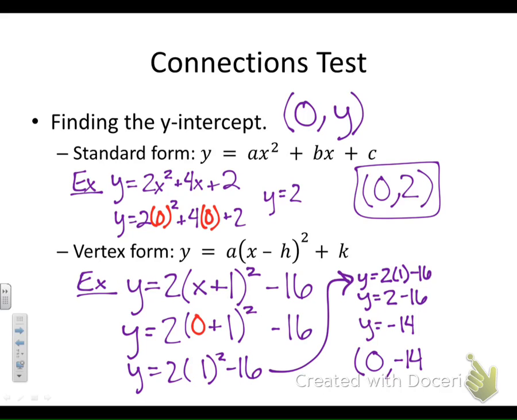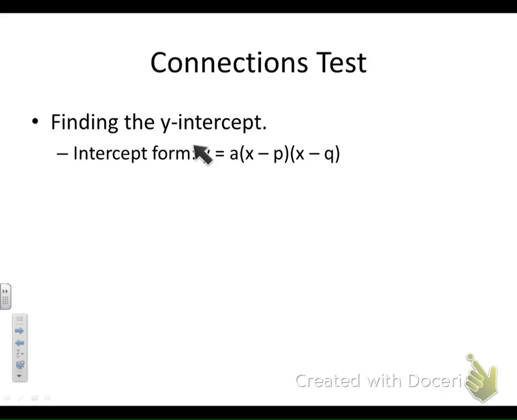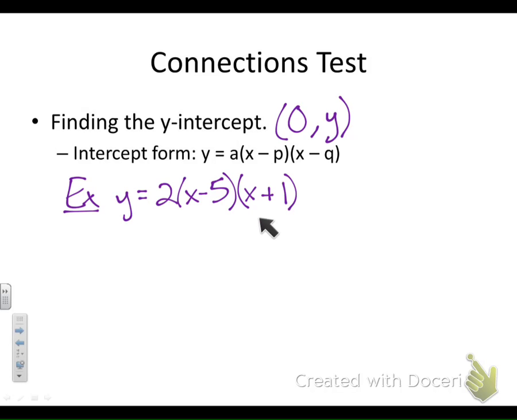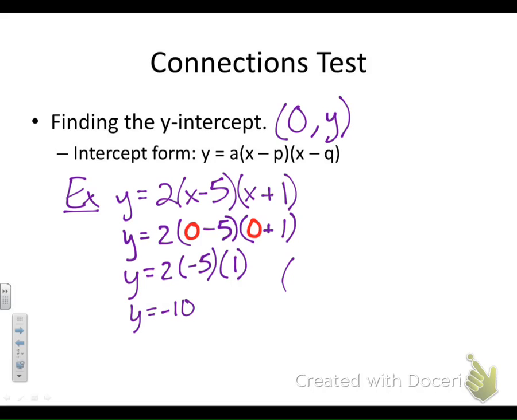It's 0, negative 14. Let's say we have it in the intercept form. So using our last equation example, plug a 0 in for the x-coordinate, but you write your answer as a point. It's a y-intercept. There we go.